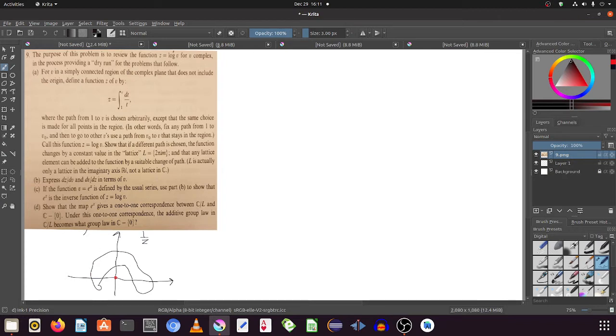And then we define log as the path integral. First we go from unity to some point v0 in here.